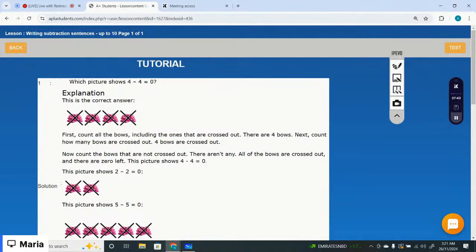Let's just start with the test questions because you're not given the options here.